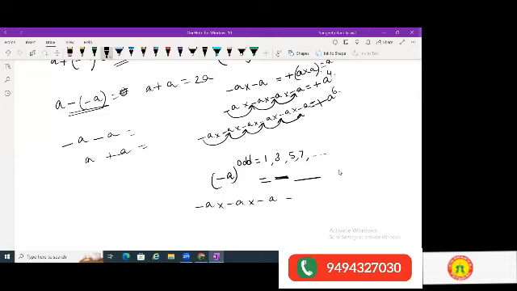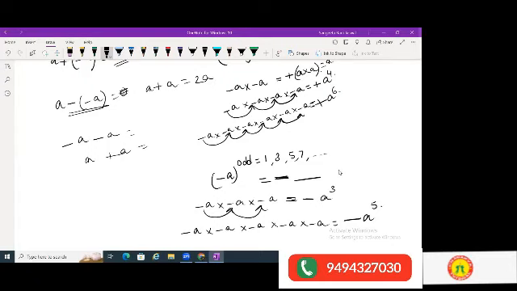So this will be minus into minus plus, plus into minus minus. So your final answer is minus of A cubed. Got it? Similarly, you have minus A multiplied 5 times, and the answer will be minus A raised to 5.